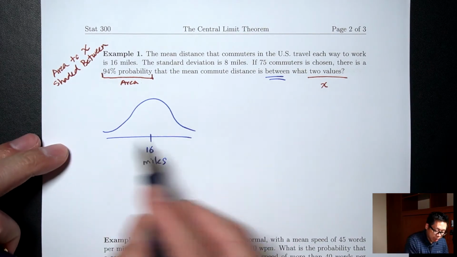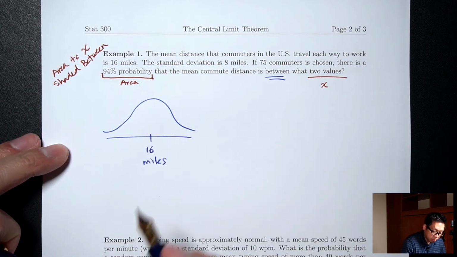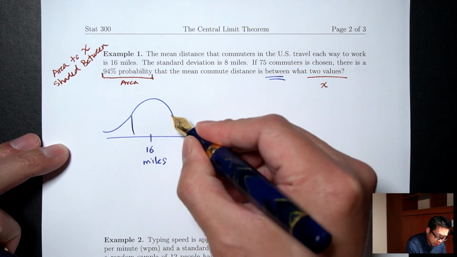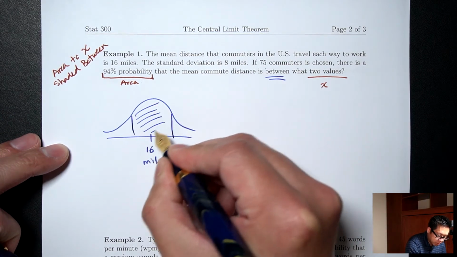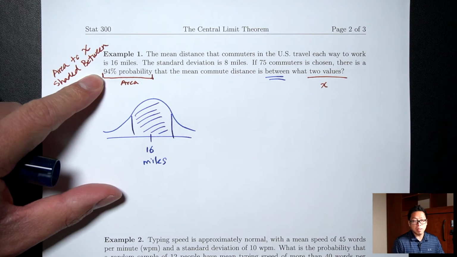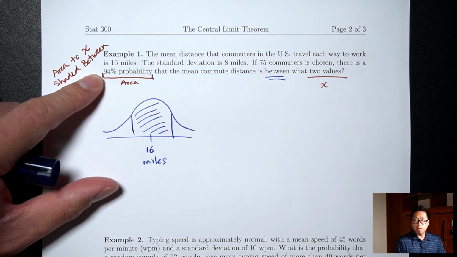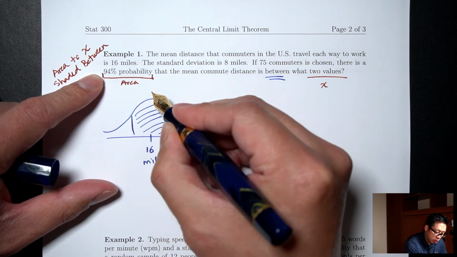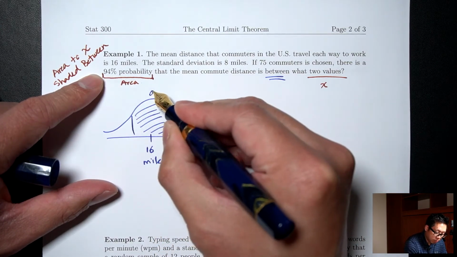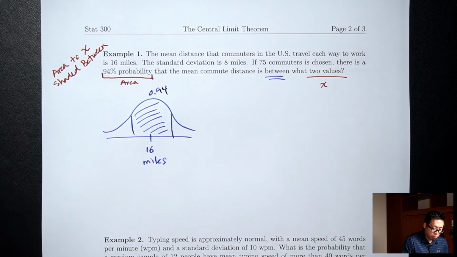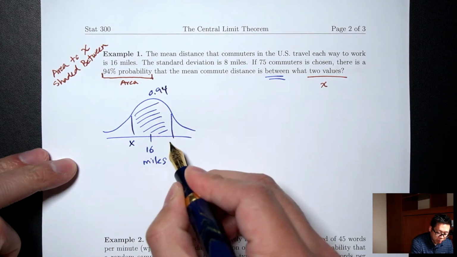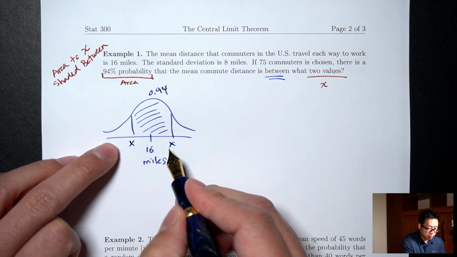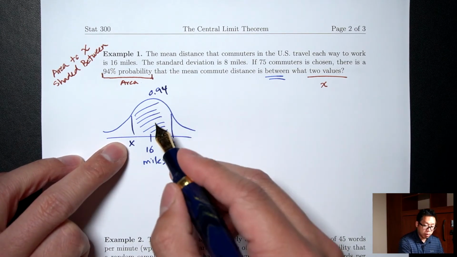So that doesn't go on the x-axis, that goes up at top here. It's going to be between. And that 94%, we always convert the percents to decimals when we compute things. So 94% as a decimal is 0.94. And we're looking for the two x's, the two commute distances, that have a 0.94 area between.